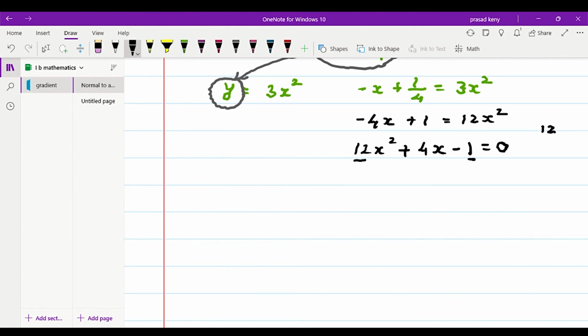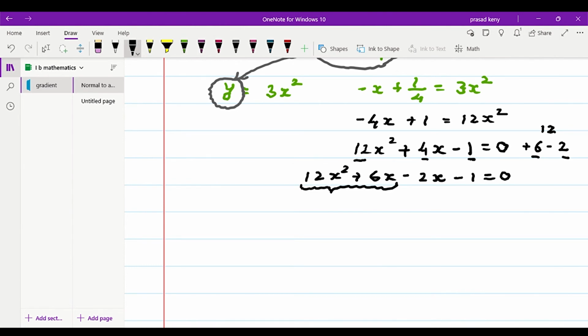So I will factorize 12 in such a way that the difference is equal to 4, which is 6 and 2. And since I want plus 4, plus 6 and negative 2. So I am getting 12x square plus 6x minus 2x minus 1 equal to 0. I am splitting up plus 4x as plus 6x minus 2x. So from these two terms, I am grouping the terms.